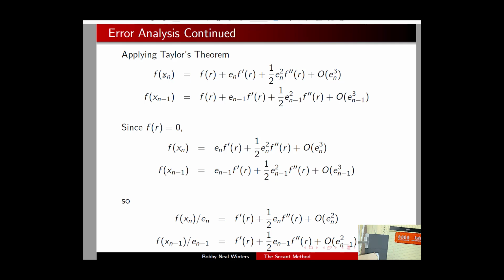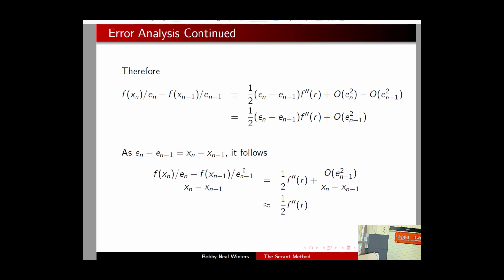The first time expanding around x0, the f of xn. The next time f of xn plus 1. I said that wrong. We approximate f of xn and f of xn plus 1 using Taylor's theorem about the root. We use that f of r is equal to 0.